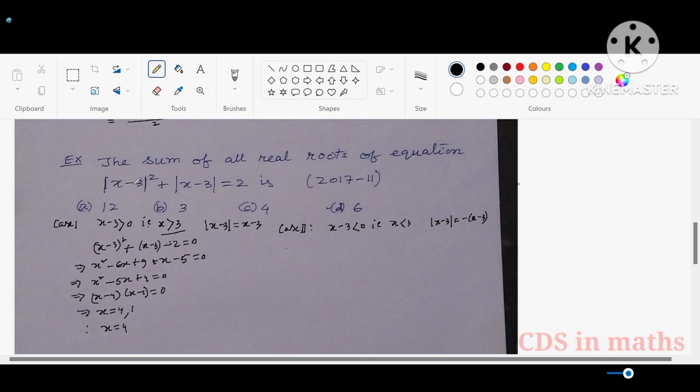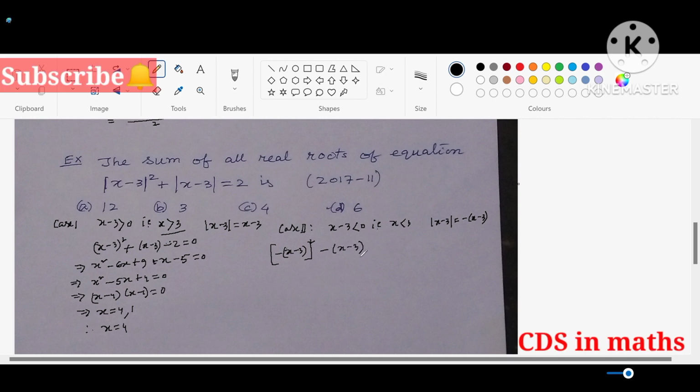So this equation will become minus of x minus 3 whole square, and the mod of x minus 3 is minus of x minus 3, so minus of x minus 3, is equal to 2.